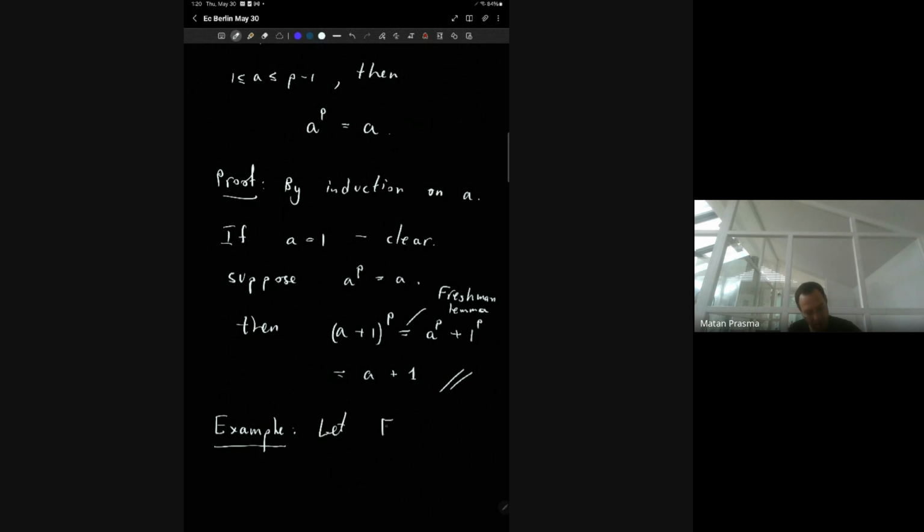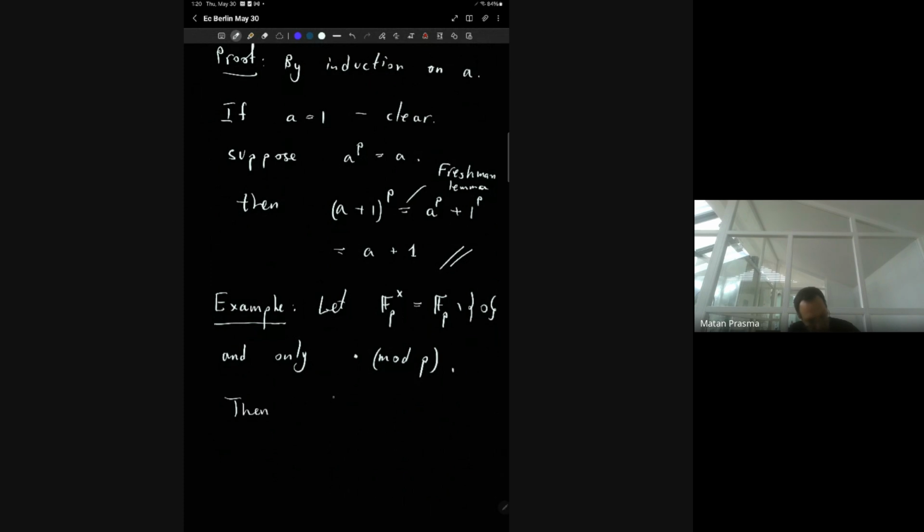Let F_P star be F_P with the zero element removed, and only multiplication modulo P. So now I take only the elements 1 up to P minus 1, and I only consider multiplication modulo P, no addition.